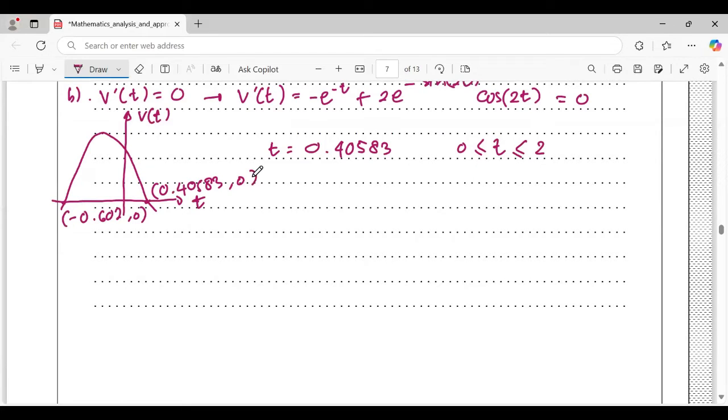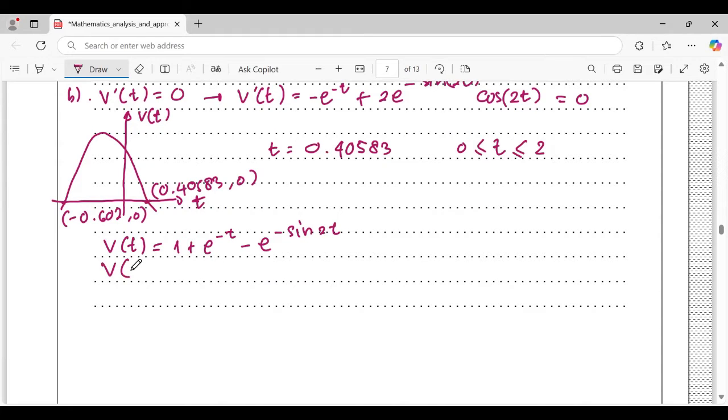Now for the maximum, substitute t equals 0.4058 into this function, v of t. v of t is 1 plus e power minus t minus e power minus sine 2t.